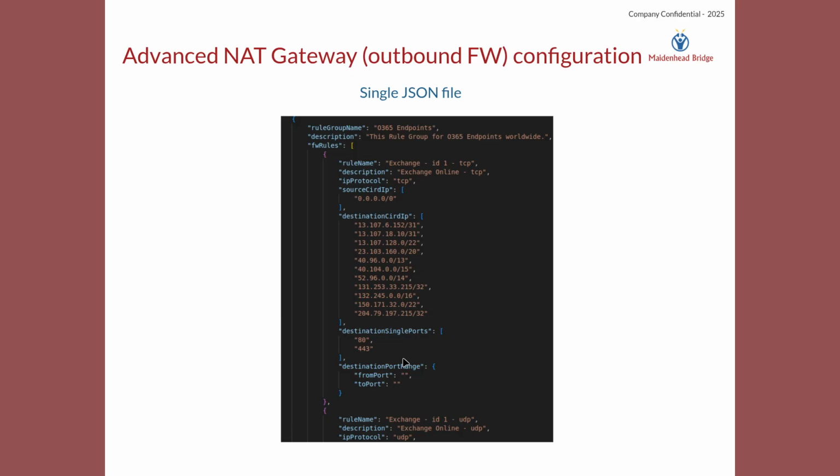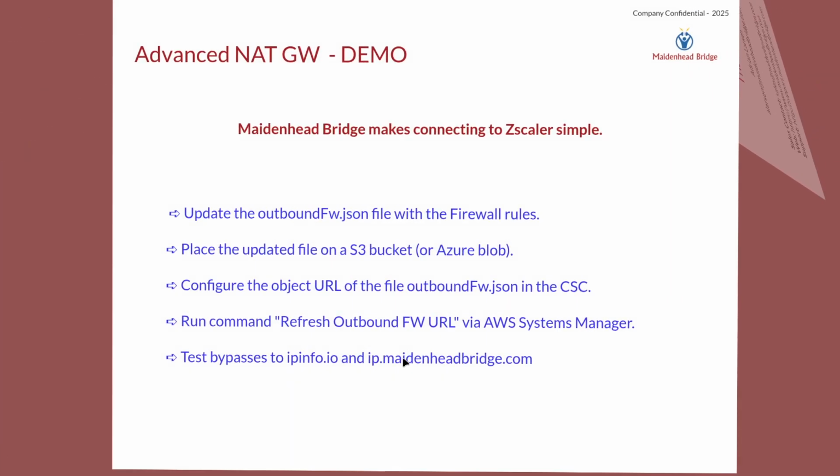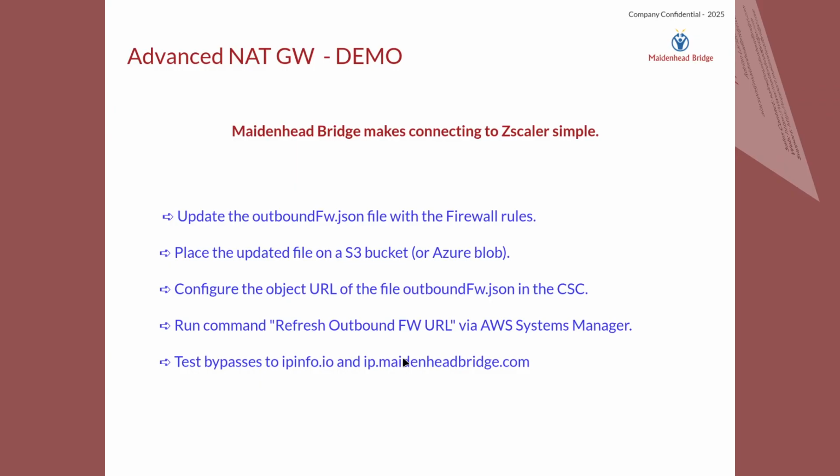And let's do now the demonstration. The steps are, first, you need to create the Outbound Firewall JSON file and put in your firewall rules. The next step is to place the updated file on an S3 bucket. This is the way we will use the bucket as a repository.